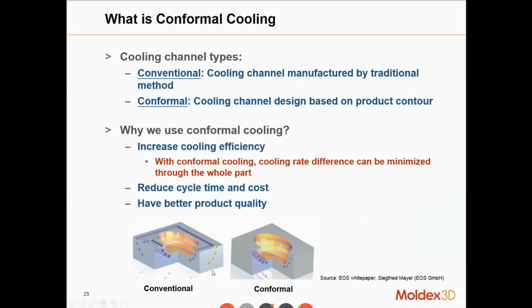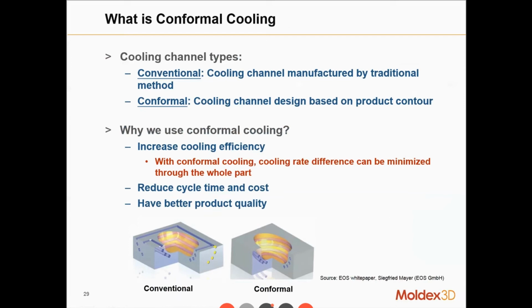The conventional cooling channel you see might be this kind of design. One advantage of it is that it is very easy to produce. On the other hand, you have different distances from the part to the cooling channel, so in some extreme cases it might have different cooling rates, so to say.